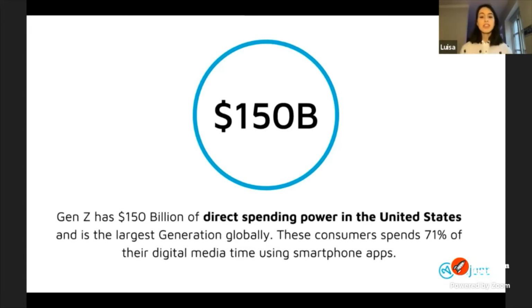That's honestly astonishing. And they spend 71% of their time online in mobile apps. This is a little less than the 88% that the average American spends, but when we consider that this is the time the largest generation globally spends online, it's still very high.